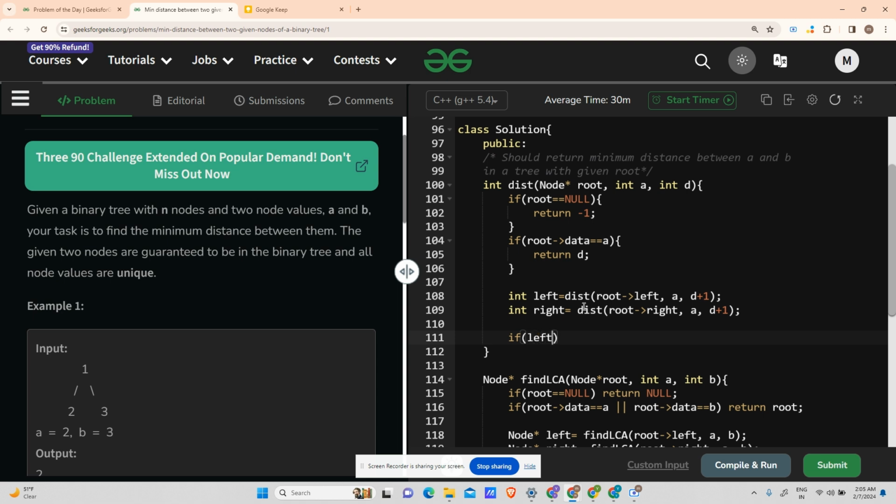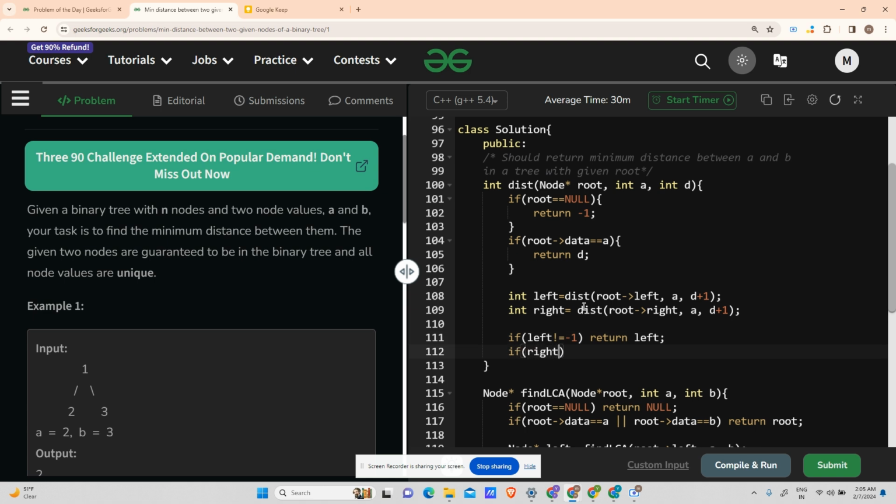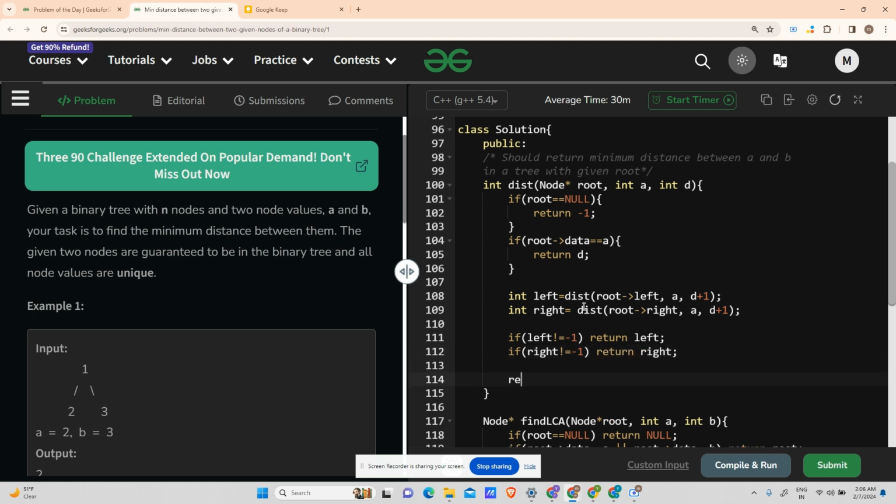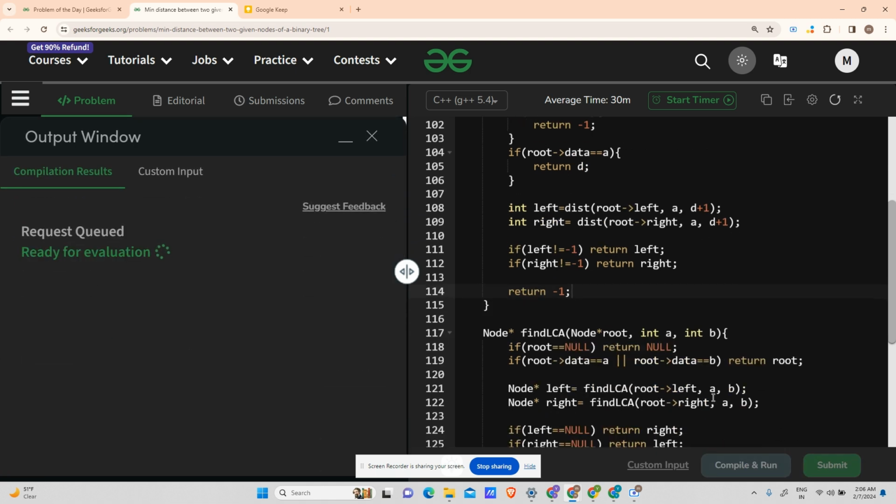Now if my left is not equal to -1, in that case return left. If my right is not equal to -1, in that case return right. Otherwise return -1 only, because we're not able to find it in left or in right. So this is my whole code. Hope it works fine.